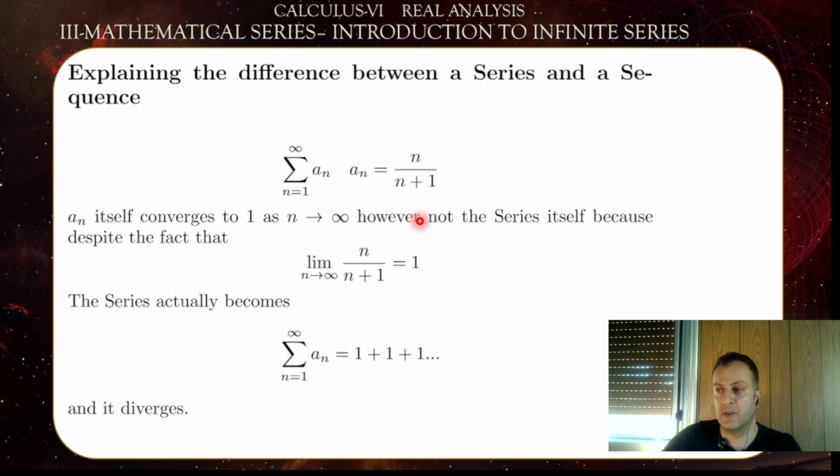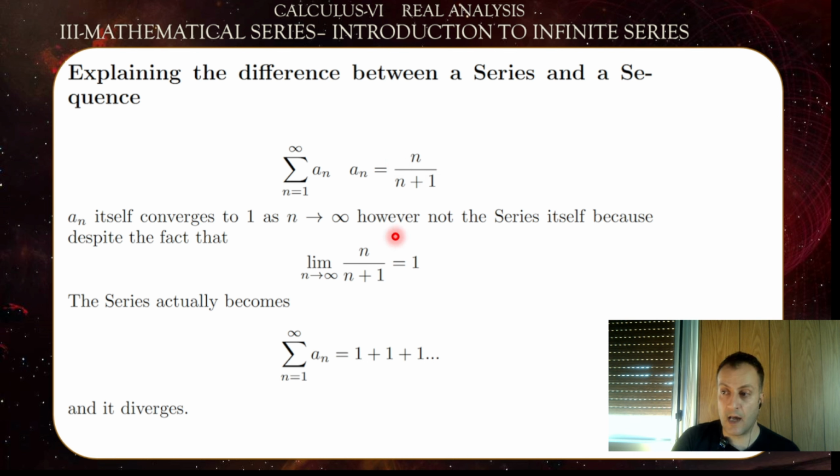Because if you evaluate the limit, whether using L'Hospital's rule or simply intuitively, you pick the highest power terms, which are n divided by n, because 1 becomes insignificant as n approaches infinity. So the limit of an is equal to 1. Or, if you want to use the alternative approach, you simply divide both the numerator and the denominator by n. So you end up with 1 divided by 1 plus 1 over n. As n approaches infinity, 1 over n in the denominator becomes 0. So you end up with 1.